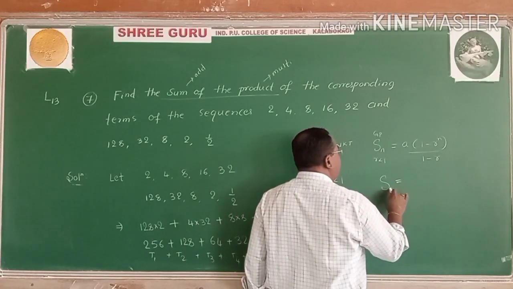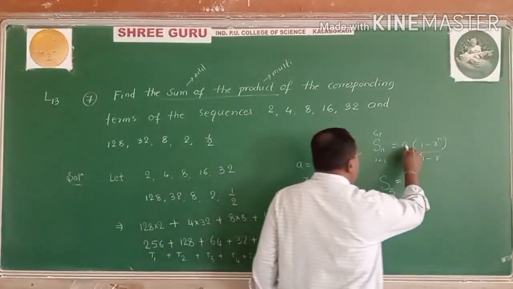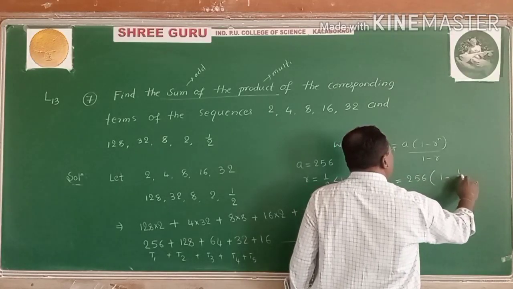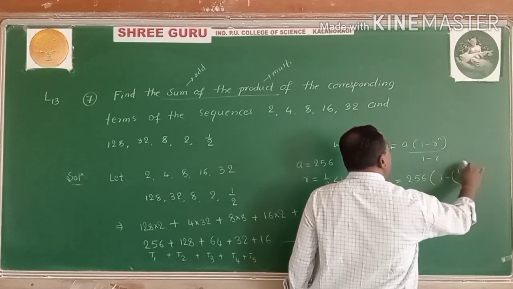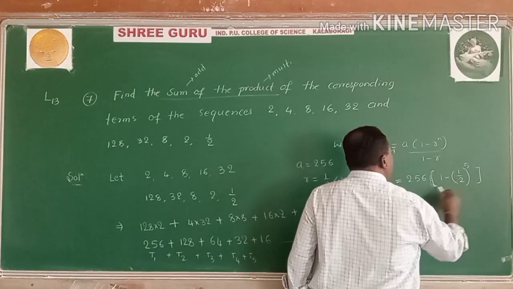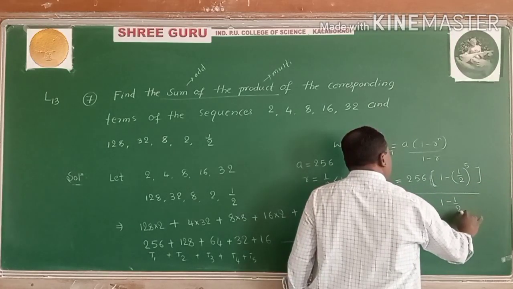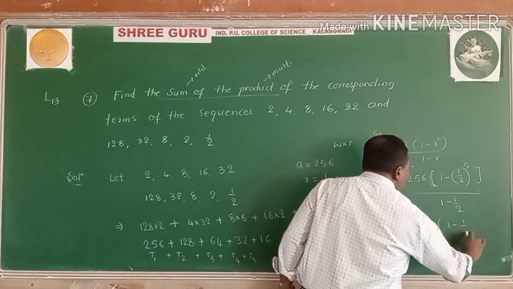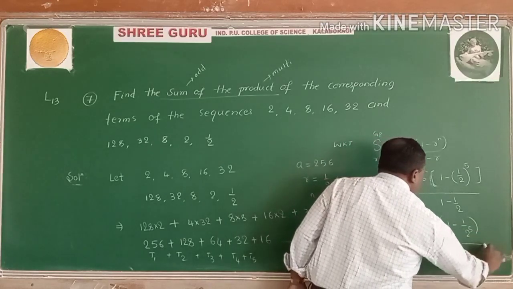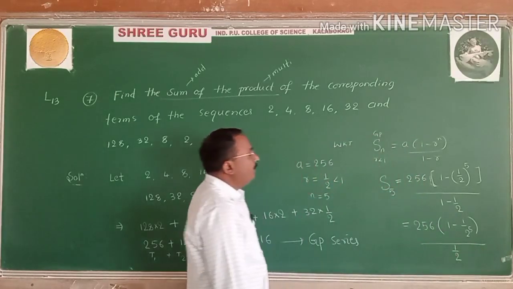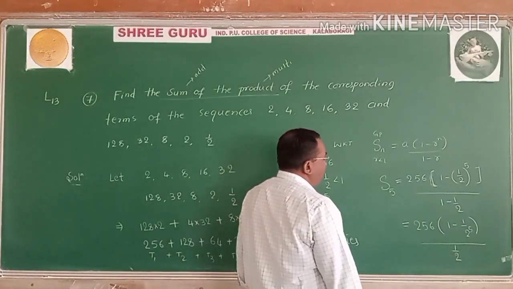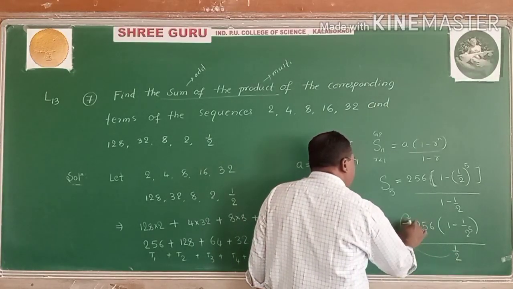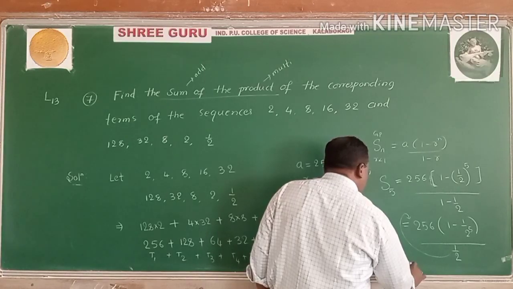S5 is equal to, here A is 256, times 1 minus 1 by 2 to the power 5, divided by 1 minus 1 by 2. 1 to the power 5 is always 1, and 1 minus 1 by 2 is 1 by 2. Taking it up, that is 256 into 2.